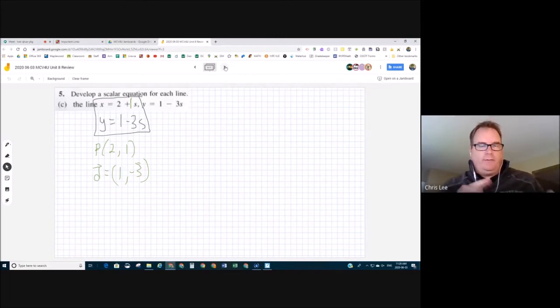So that's helpful information. And if we were finding the general, the symmetric, the parametric version of the line, this would be all we would need. But for the scalar, there's one little other trick. The scalar equation, the coefficients on the scalar are the normal to this line. So the normal is one that's perpendicular to this line.